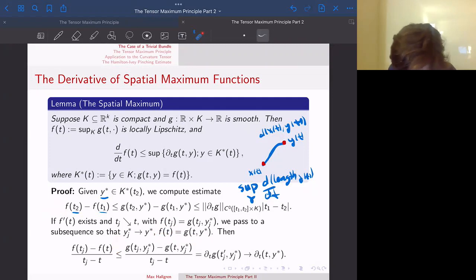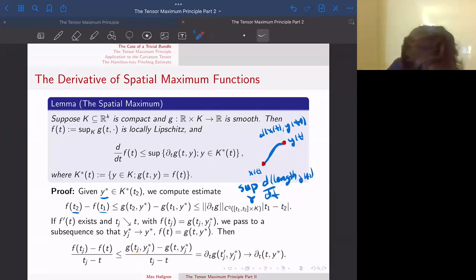So we get that this difference quotient of the spatial maxima is bounded, by the mean value theorem, by some time derivative, where here yj star is approaching y star, and these tj prime are just going to be some times in the interval between tj and t. So in particular, they're also going to be converging to t.